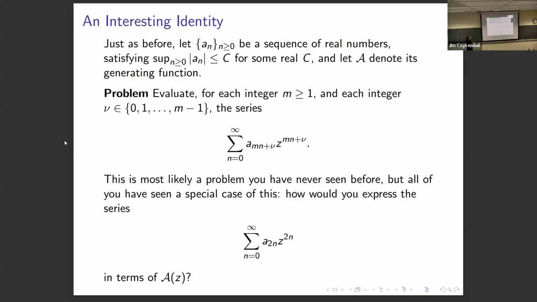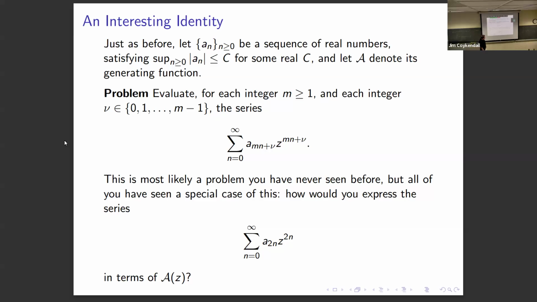Now, a special case of this is probably something you've seen before. If not, it's easy. Instead of summing over something like this, what if I were to look at a simpler construct? What if I were to sum over only the even integers? So instead of looking at the sum of a_n z to the n for all n greater than or equal to 0, I'm looking at a0 times z to the 0 plus a2 times z squared plus a4 times z to the 4th, et cetera.